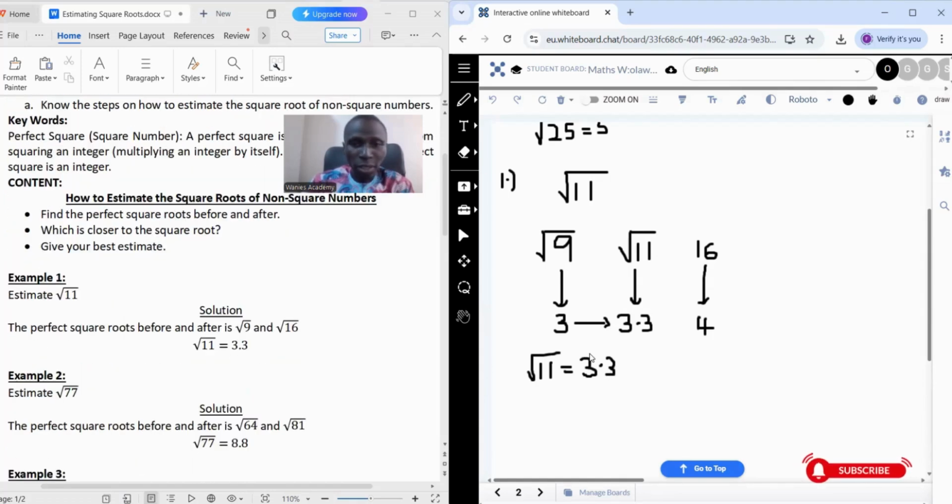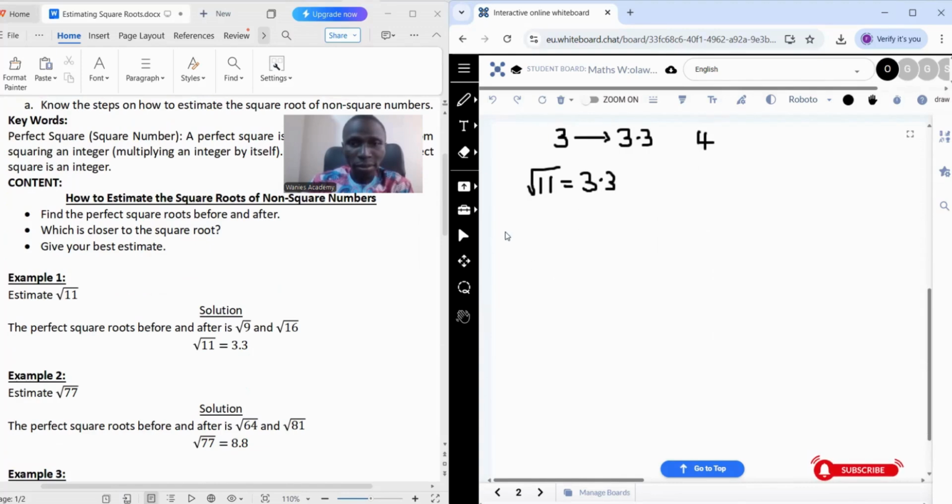We're going to move to the next example. In example 2, we are asked to estimate the square root of 77. So we have here the square root of 77. The first thing I'm going to do here is to look for the perfect square that's just before 77.